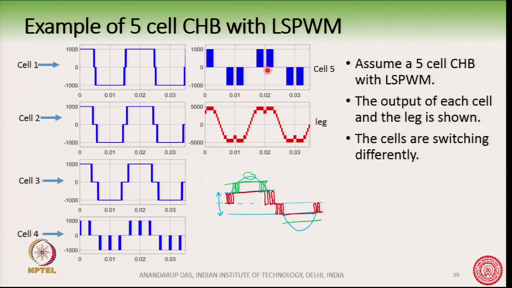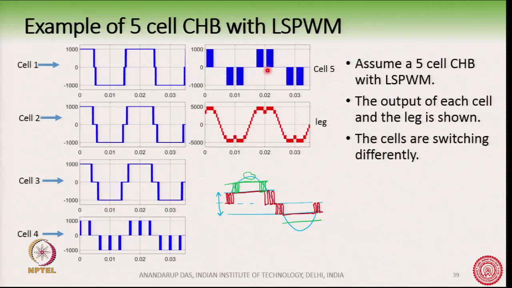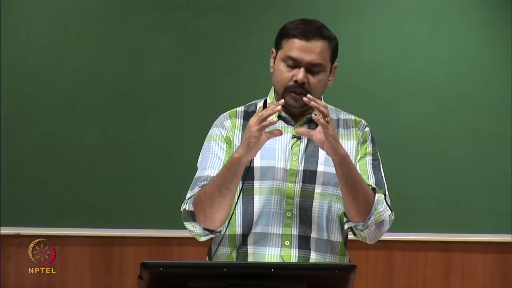So, level shift PWM causes an unequal distribution of losses in all the cells. You can see cell 2, cell 3, cell 4, depending on the power factor also, the losses will get substantially different. But this is not the case with phase shift PWM. In phase shift PWM, the waveforms produced by each cell were almost identical.